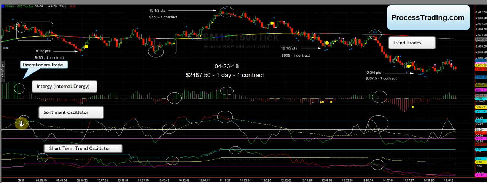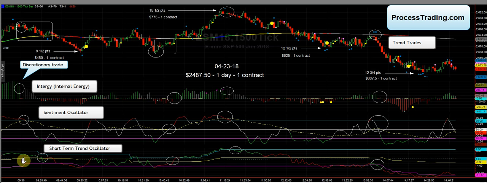Well, the momentum is coming down and crossing down from the upper bound and crossing through the sentiment oscillator. The sentiment oscillator itself is in a downward slope. So those are very strong indications.